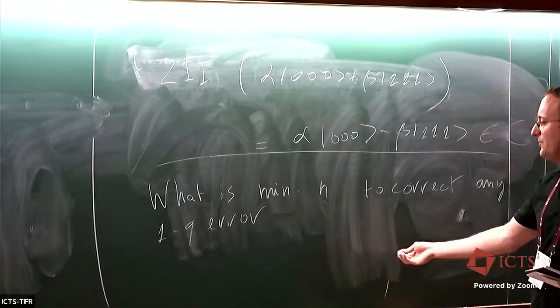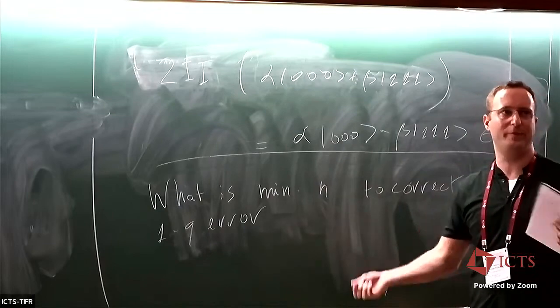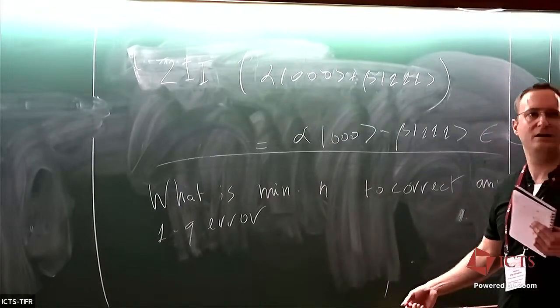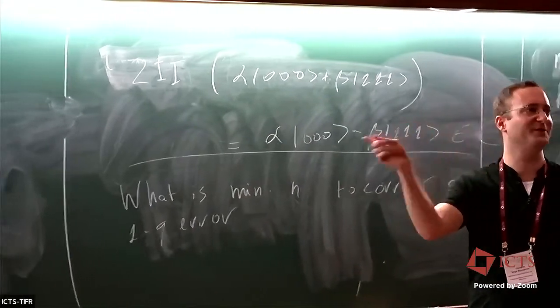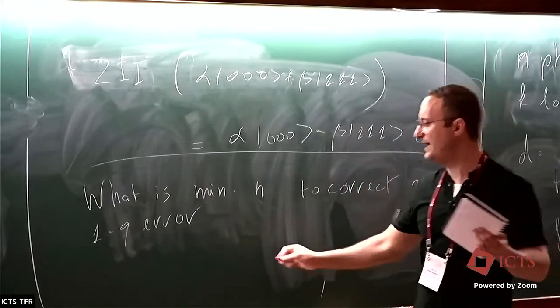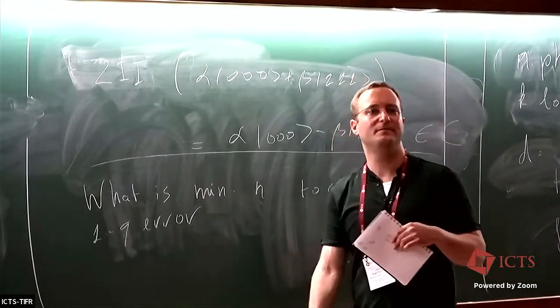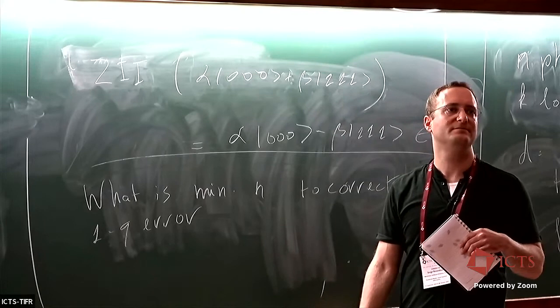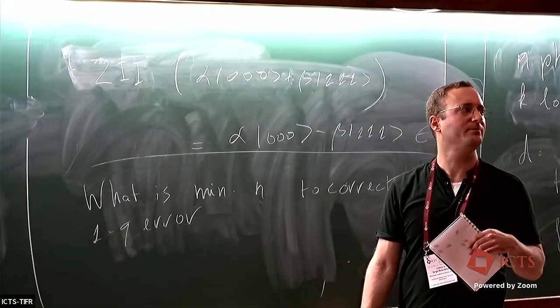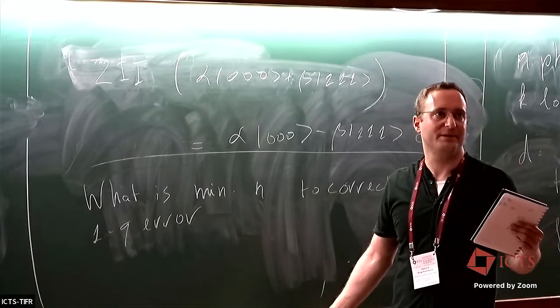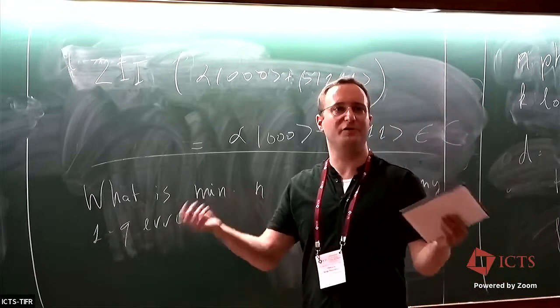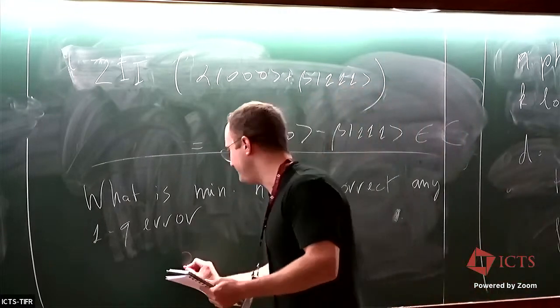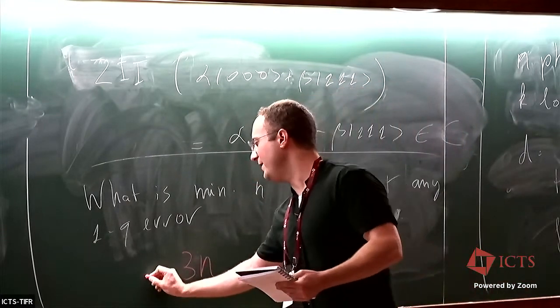If I have n physical qubits, how many errors can there be? 3n. I can have X, Y, or Z on any one of these physical qubits, or I could have no error.